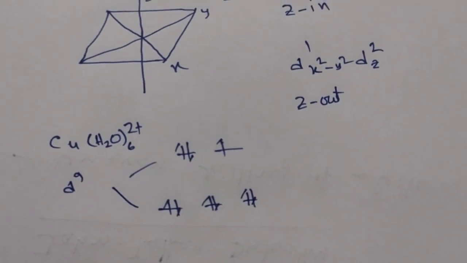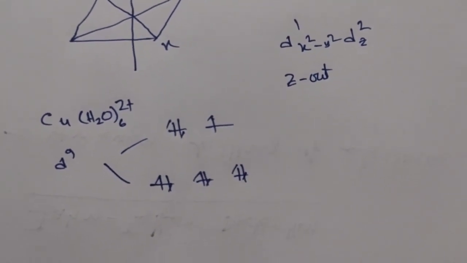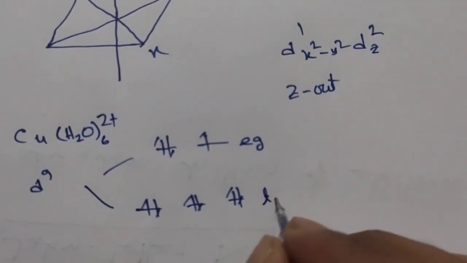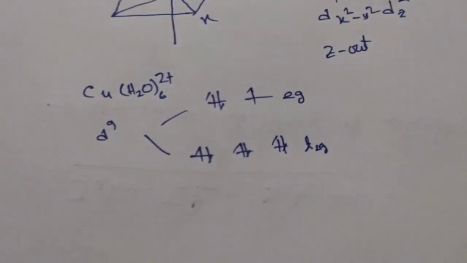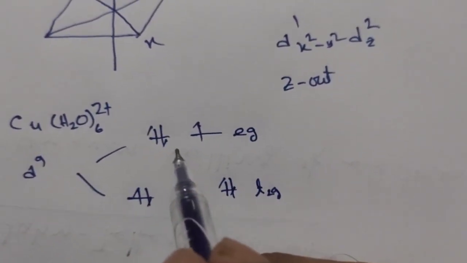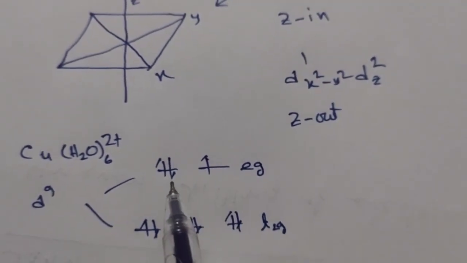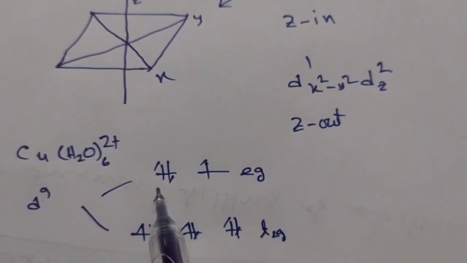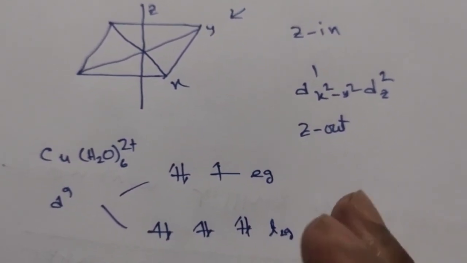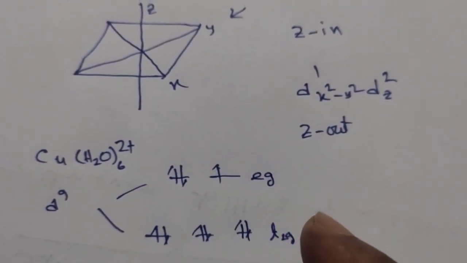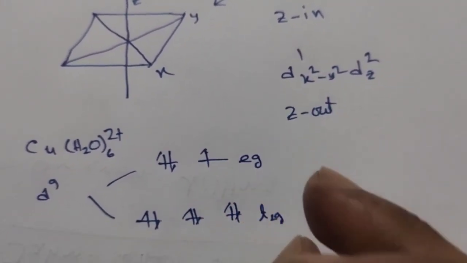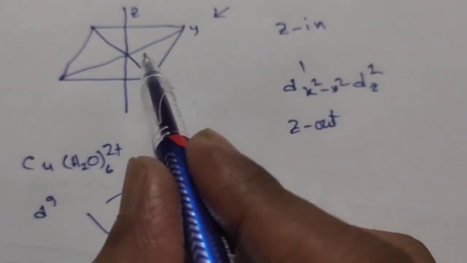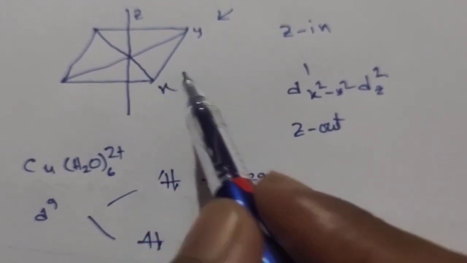So there is one unpaired electron in the Eg subset of orbitals. If there is more electron density in dx square minus y square, then the bonds along the z axis should be lower in length compared to the bond length along the x and y axes.